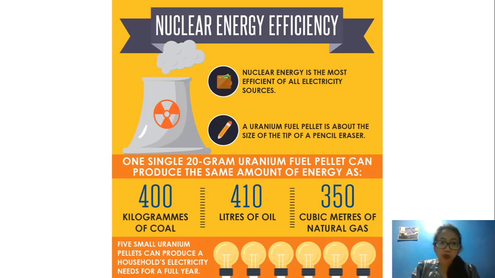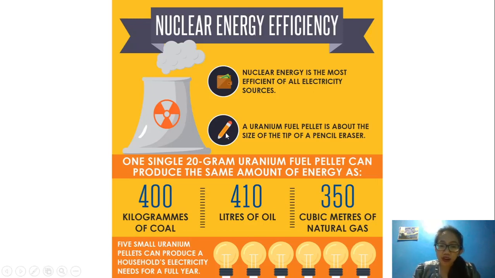Before you get really close-minded and say, oh, nuclear energy is really bad for the environment, take a look at the advantages of nuclear energy. It's one of the most efficient and stable sources of energy. This infographic shows you how much electricity nuclear energy can provide.